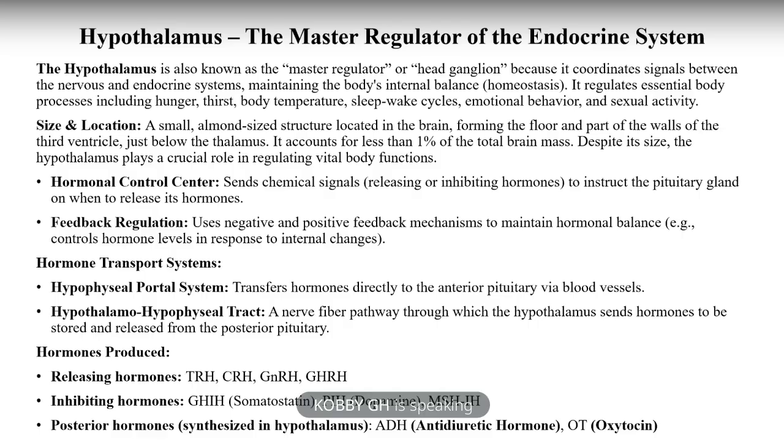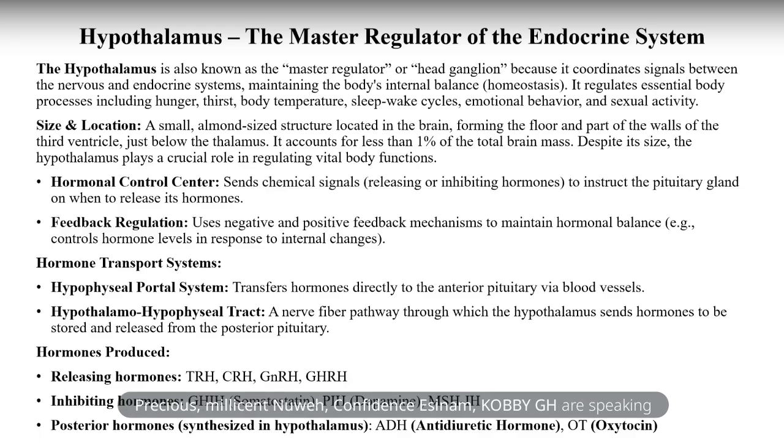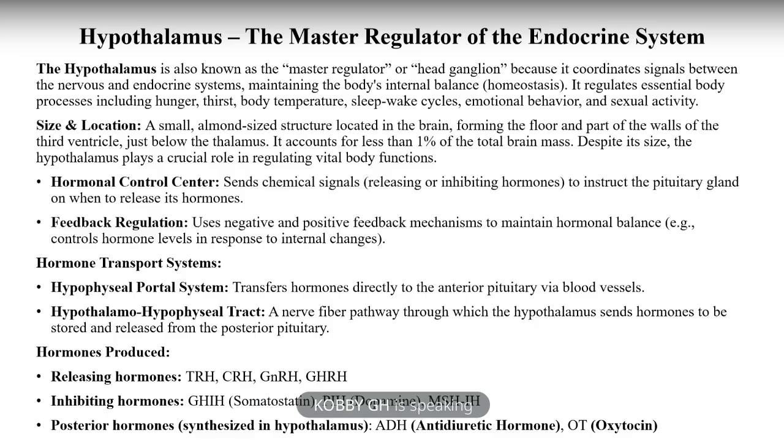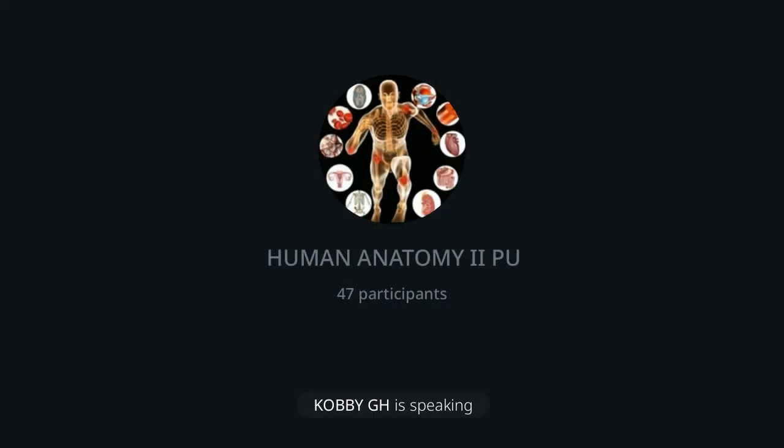Another question: antidiuretic hormone and oxytocin are produced in the posterior pituitary. True or false? That is false. Antidiuretic hormone and oxytocin are not produced in the posterior pituitary.